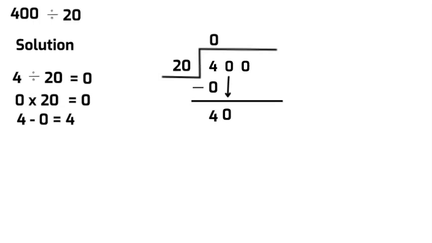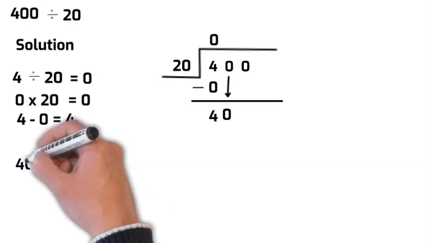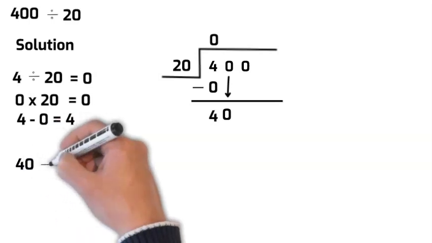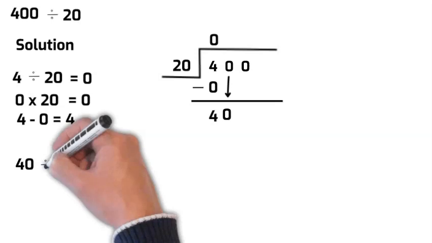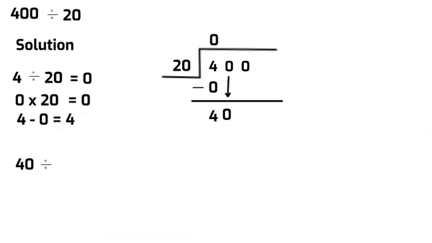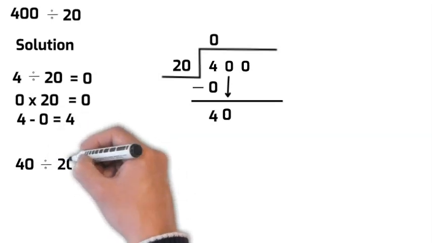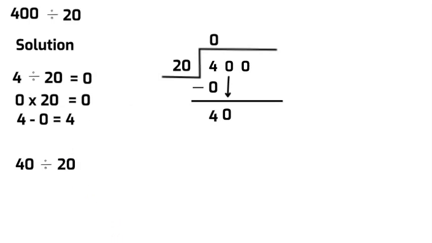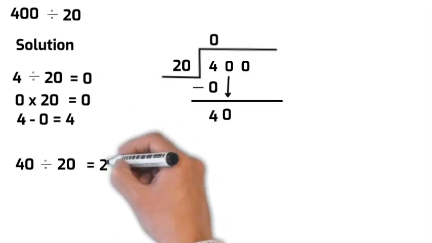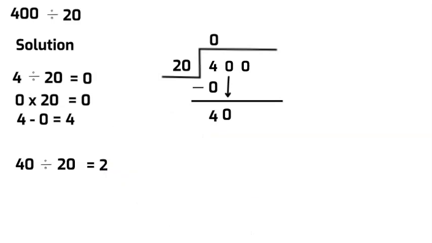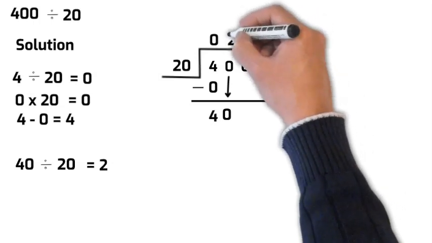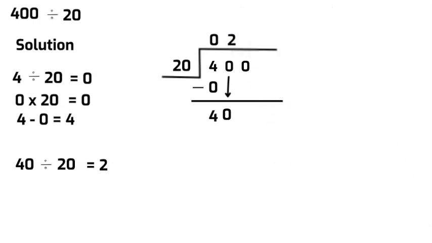We now have a new number to work with. Our new number is 40. So we say 40 divided by 20. 40 divided by 20 is equal to 2. We go over the second number of our dividend, which is 0, and write down 2.